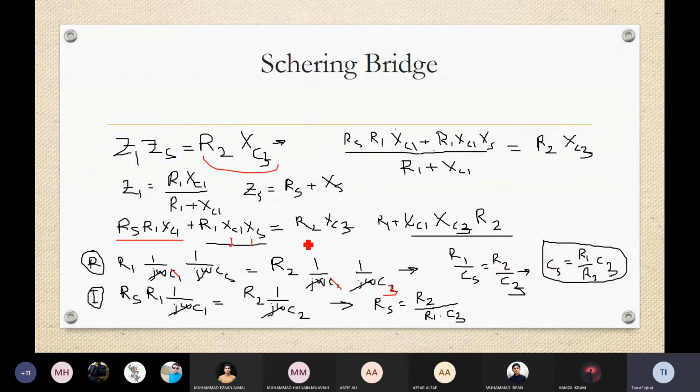Similarly, for the imaginary components, this gives us RS R1 divided by j omega C1, and on the right side we have R2 j omega C3 and R1.